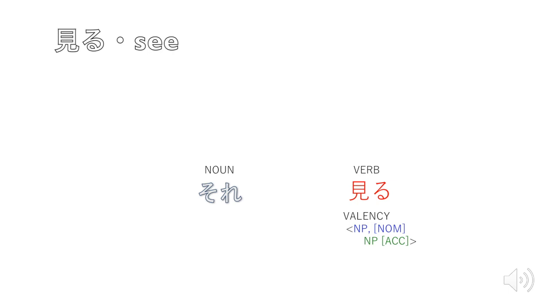What happens in Japanese? How is Japanese different from English? Let's take a noun or noun phrase like sore, which is that in Japanese. How are English and Japanese different? Let's imagine that a Japanese verb like miru, see, carries the same kind of information as the English verb.